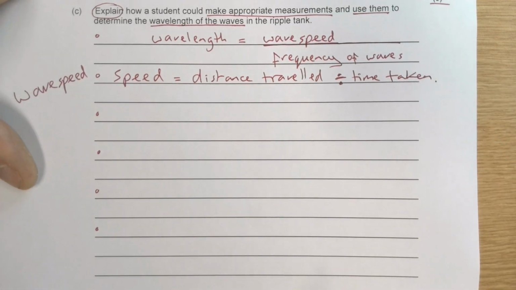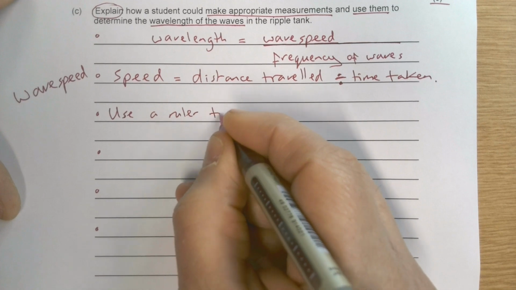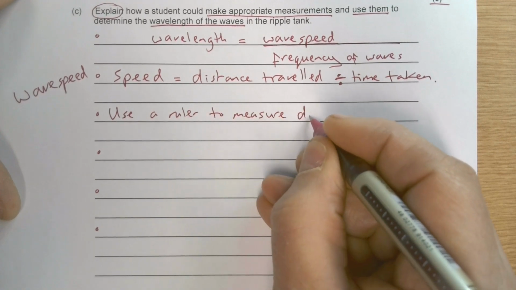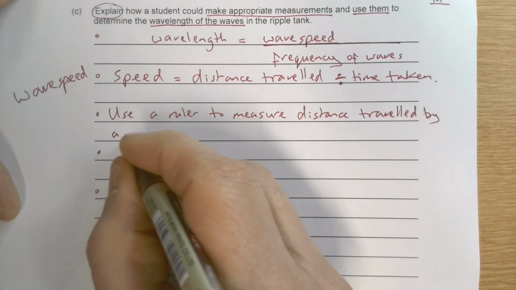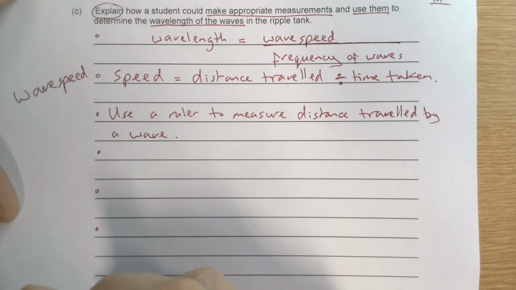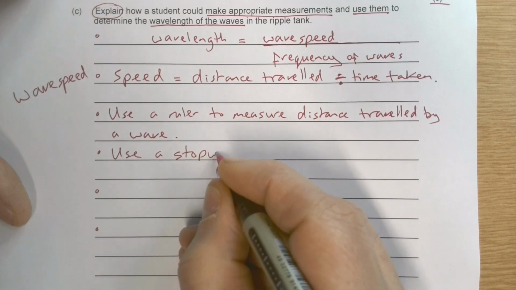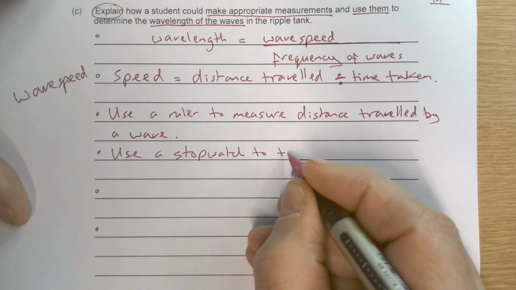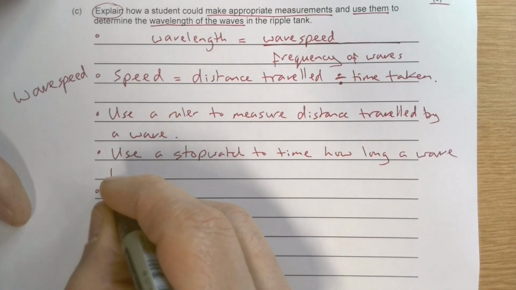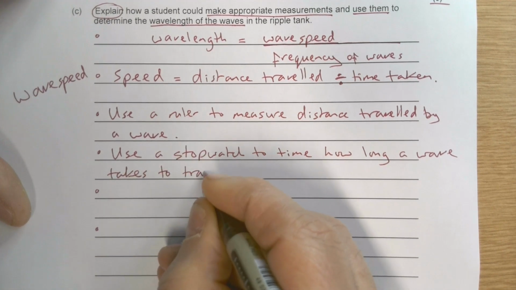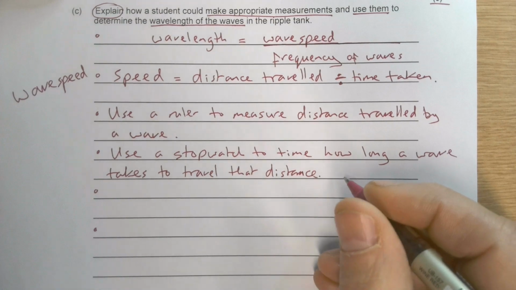Okay, now how is that useful? Well, you could use a ruler to measure the distance travelled by a wave, okay, and you could use a stopwatch to time how long a wave takes to travel that distance, then calculate.